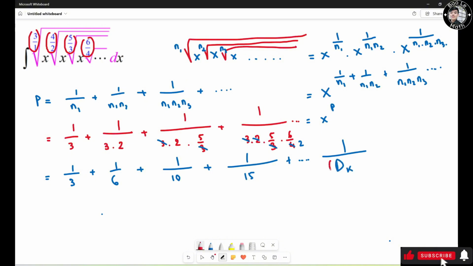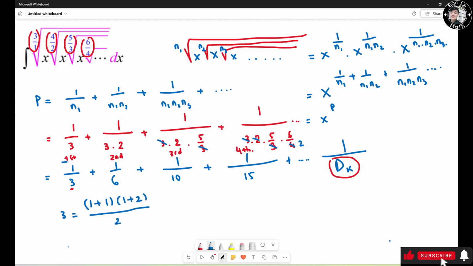What I need to do is find the general term. So we look at this and see the rule. This is the first term, this is the second term, this is the third term, and this is the fourth term, right? Now we need to find the relationship between this number and the number of terms. We see that 3 is 1 plus 1 times 1 plus 2 divided by 2.